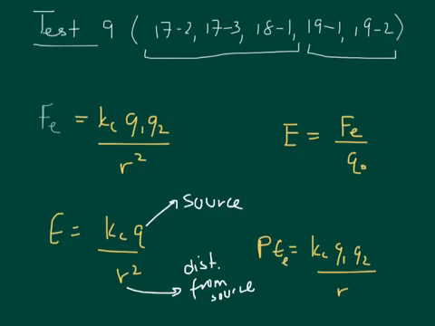The distance from the source. It is not the distance between two particles. For Fe and Pe, the first formula up here and the bottom right formula, R is the distance between the two particles.